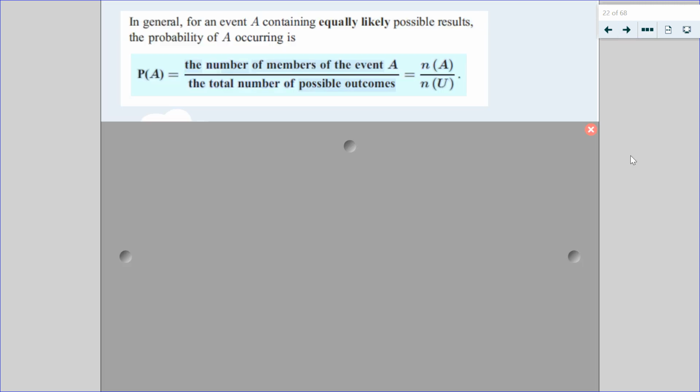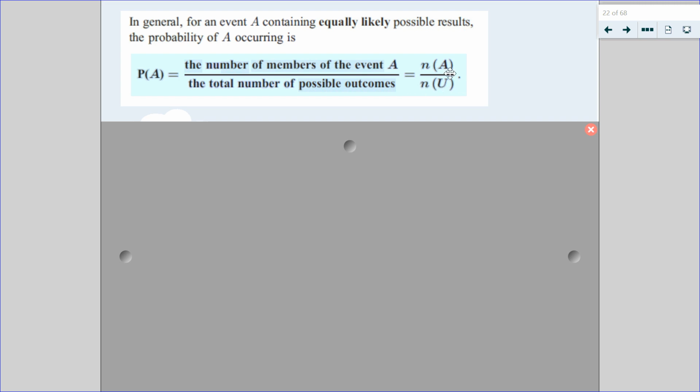Okay, so in general, for an event A containing equally likely possible results, this is our formula, which I outlined before. We have the number of members of the event A over the total number of possible outcomes, and that's denoted by n of A. So in that case, like the number of primes over the number of outcomes.